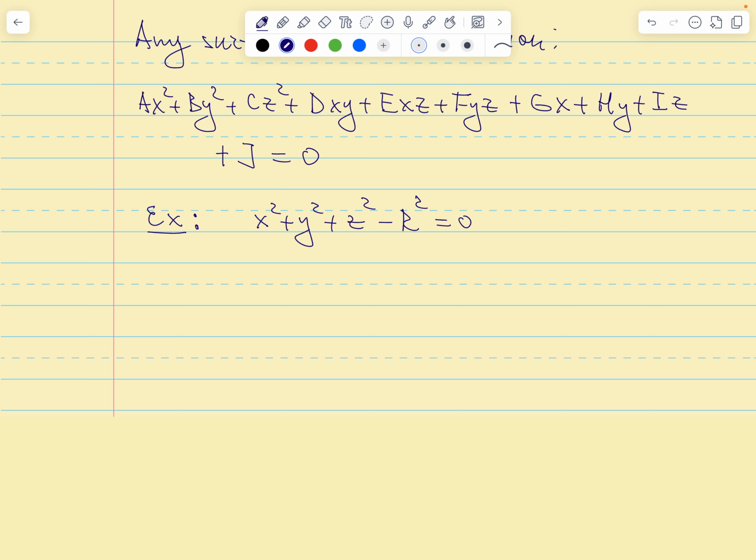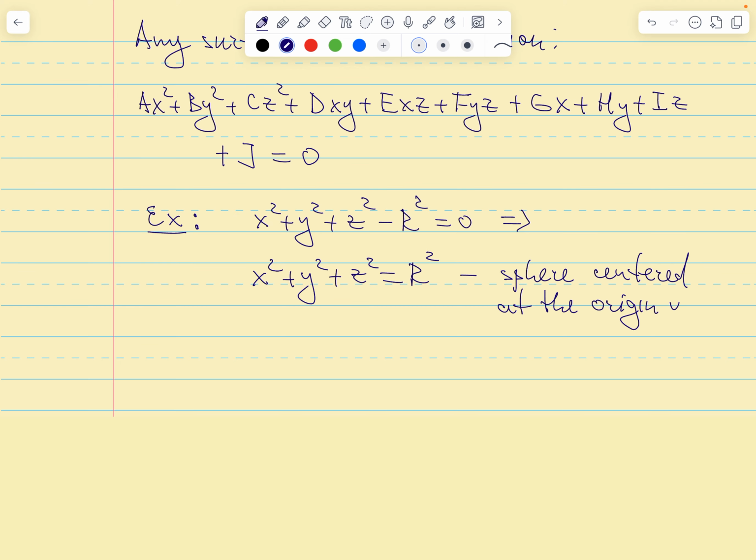If I take r squared and move it to the right, I get x squared plus y squared plus z squared equal to r squared, and that is a sphere centered at the origin with the radius r. So that's your first example of a quadric surface.